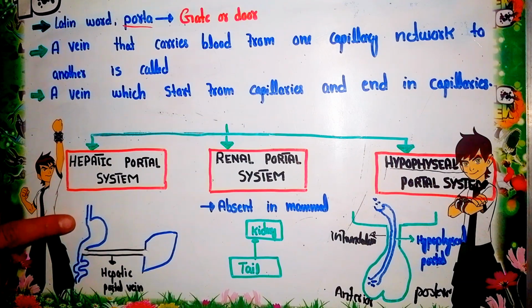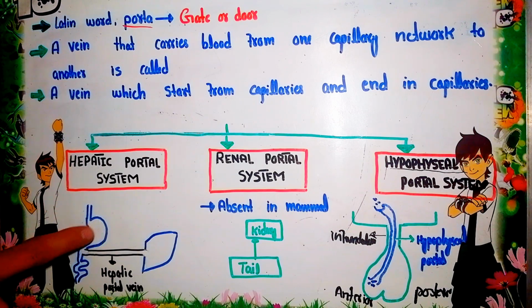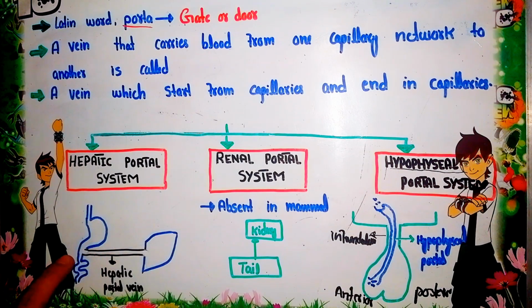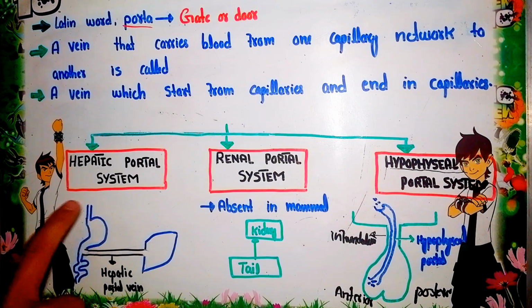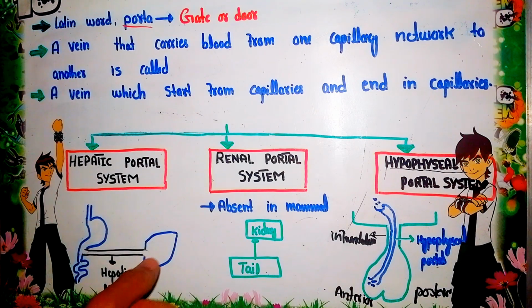You can see in the diagram the esophagus, the stomach, and the small intestine. From this digestive system a vein arises. This vein carries blood from the stomach, spleen and small intestine, and this blood is carried towards the liver. So this type of vein arises from one capillary network present in the digestive system and ends in another capillary network or bed present in another organ.